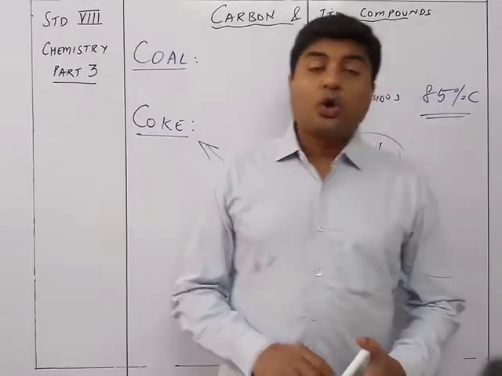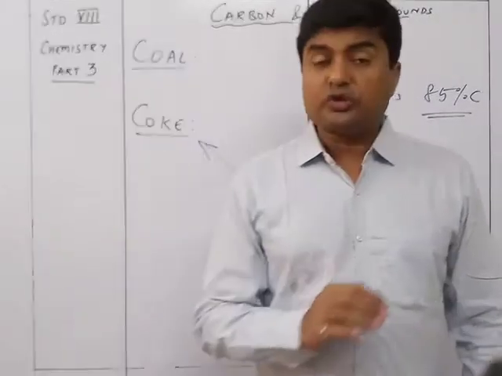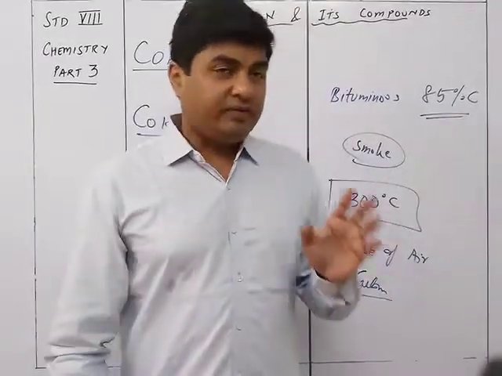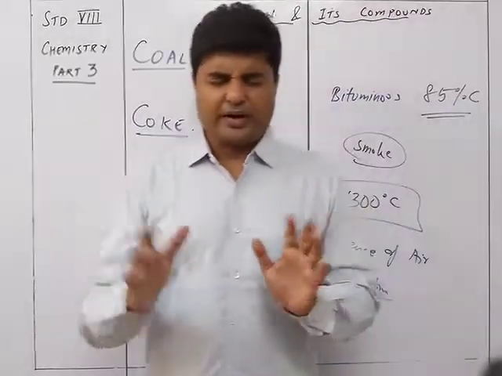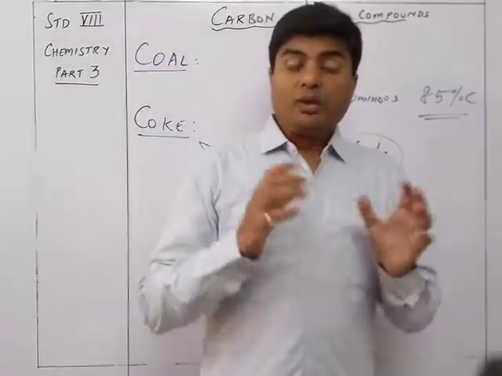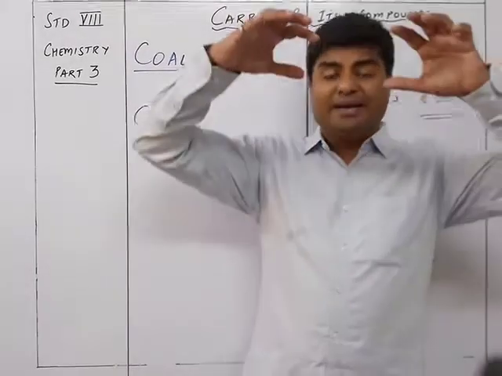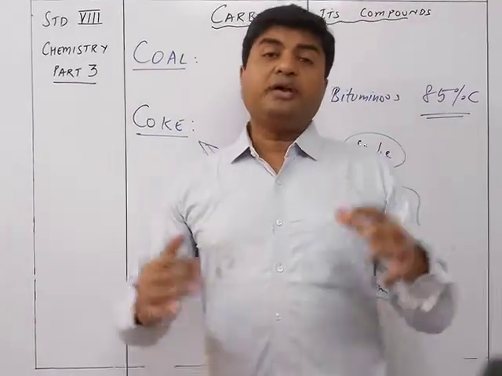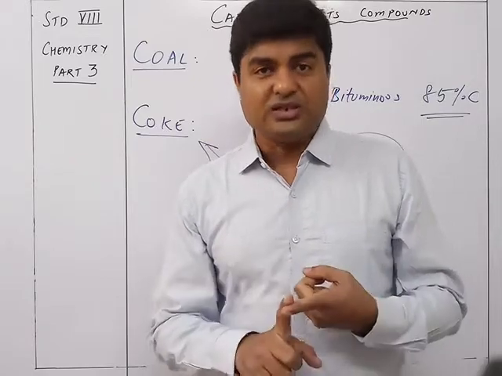Property wise, coke is a black, porous material which burns with almost no smoke. So that's the advantage. See, anthracite, which has got 90% of carbon, is very difficult to obtain because it is very deep down in the earth's crust. Because it's so deep, removal of that is dangerous.